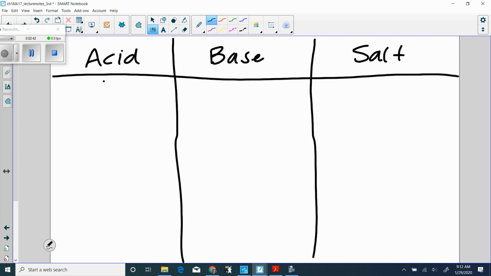Our 3 headings are going to be acid, base, and salt.